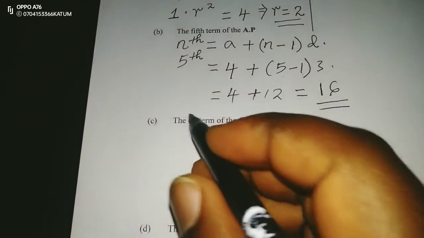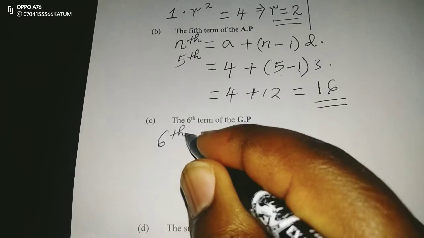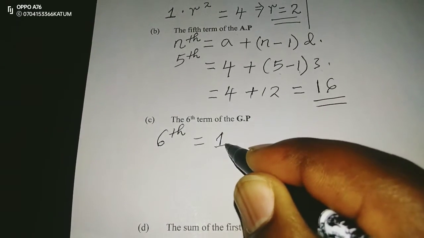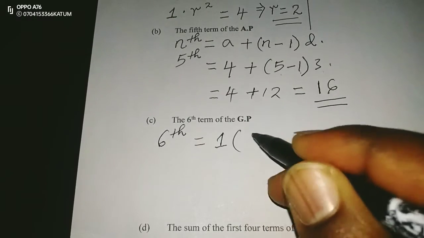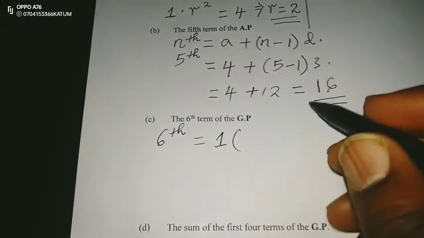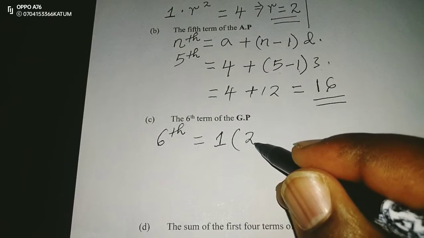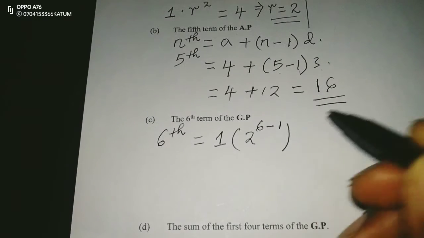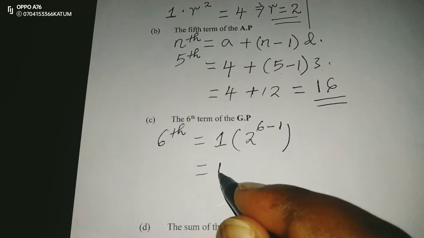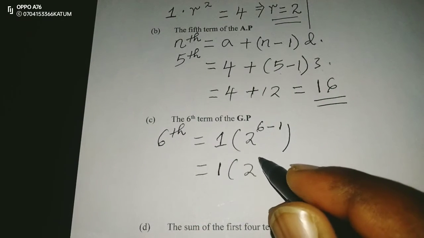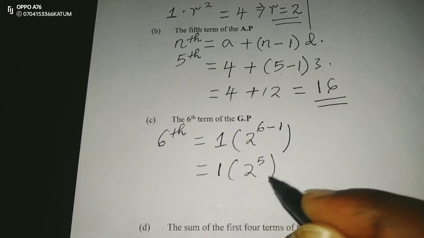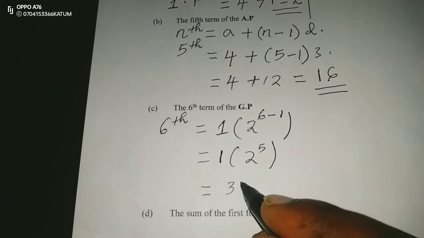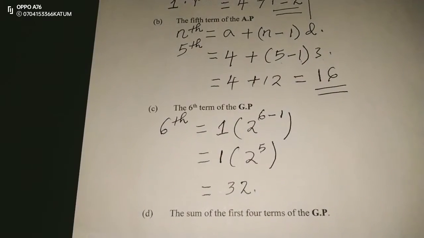So the sixth term is going to be A, 1, multiplied by r, which is 2, raised to 6 minus 1. So this is going to be 1 multiplied by 2 raised to 5, and 2 raised to 5 is exactly 32.